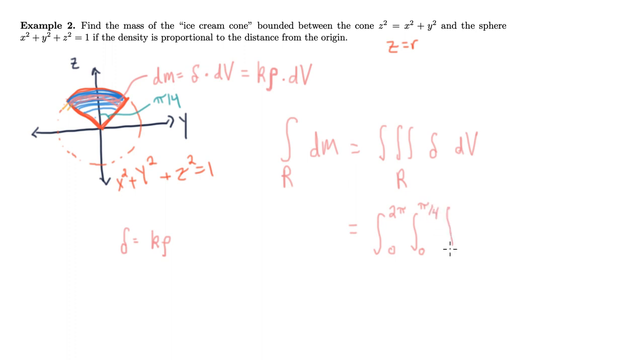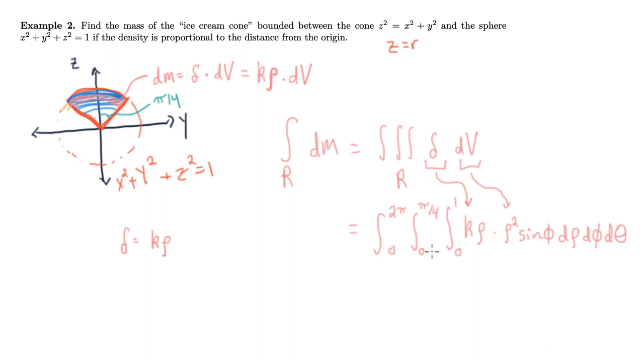And then rho is going from 0 all the way up to the radius of the sphere, which is 1. So 0 to 1. And then we have k rho, which is the density. And then we have dV. But dV is rho squared sine phi d rho d phi d theta.